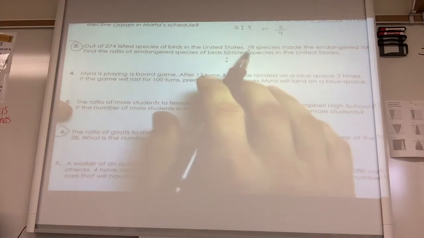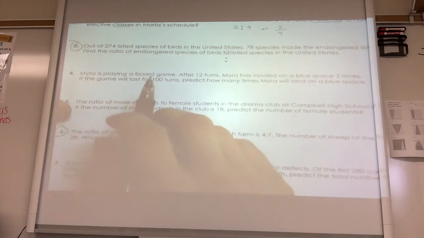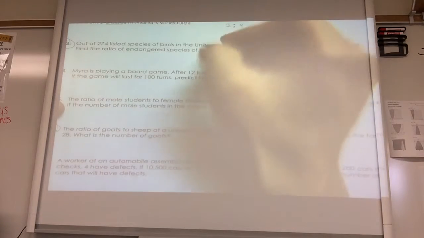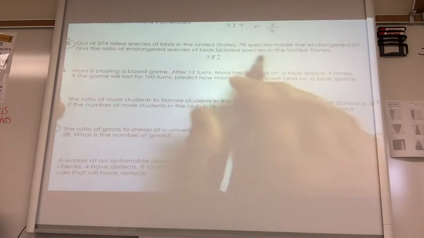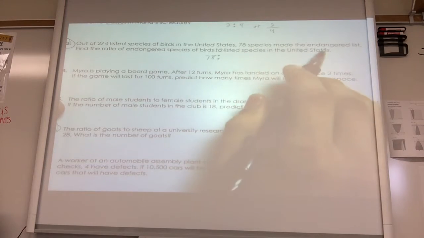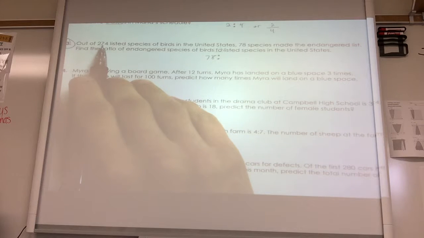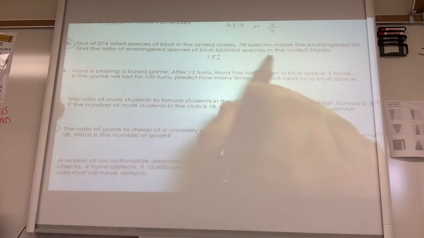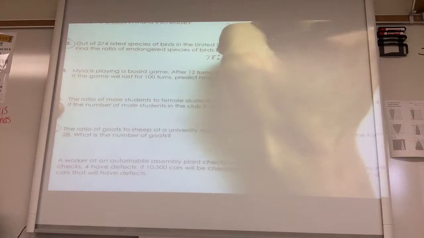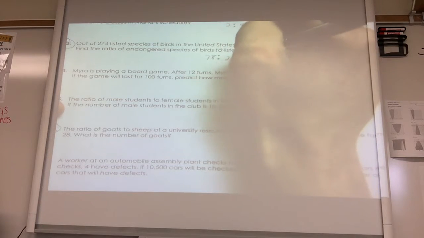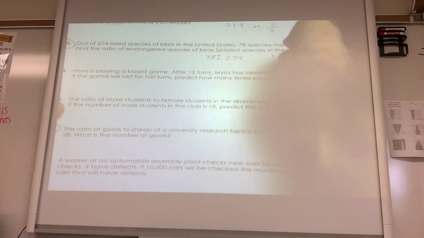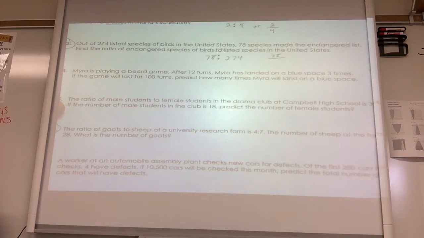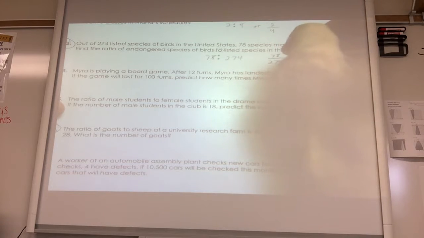So it says, how many are on this endangered species list? 78. 78 endangered species to 274 total species in the United States. Okay, so 274. You could also read that as there are 78 endangered species per 274 species total.